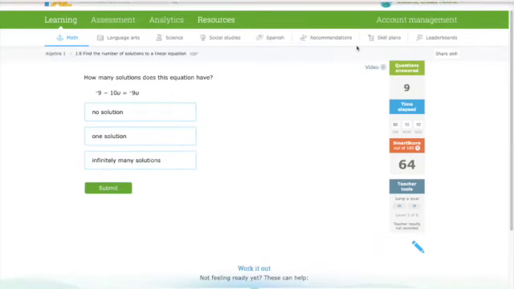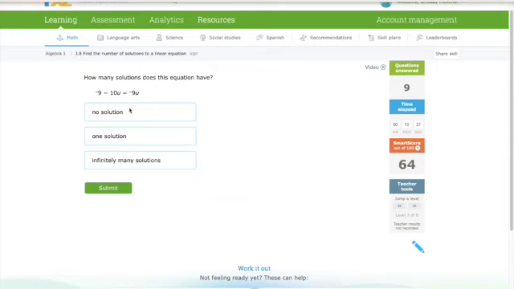In the next one, I see I have -9 minus 10u, and I have it equal to -9u. You can solve the problem like I just did in the previous problem, or because we don't necessarily need to know what the solution is, we just need to know how many solutions, you don't even have to solve it. Look at your variables.